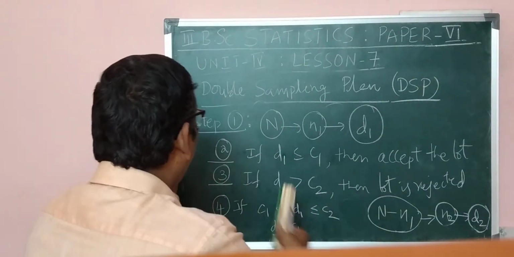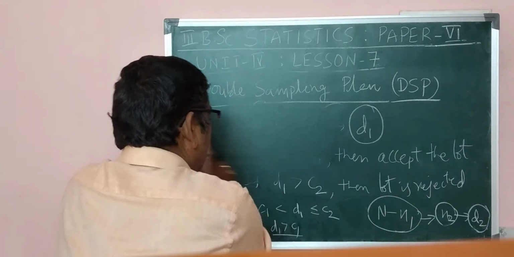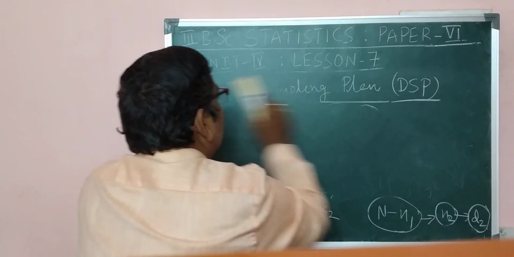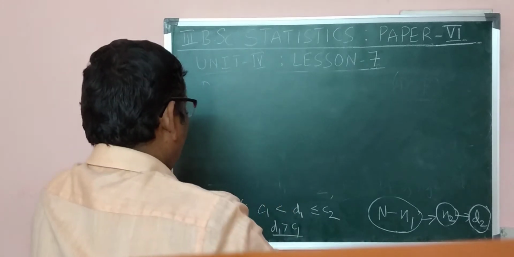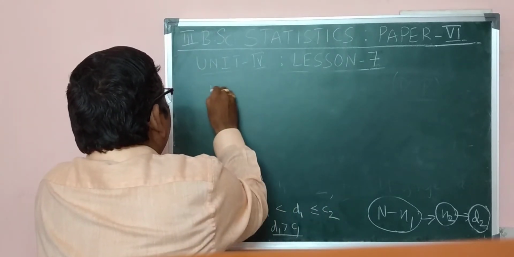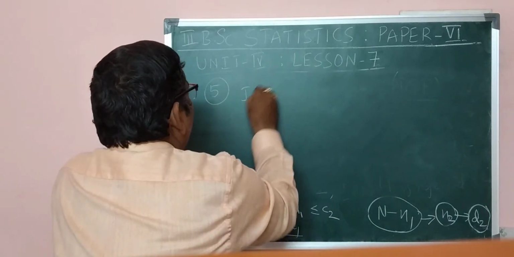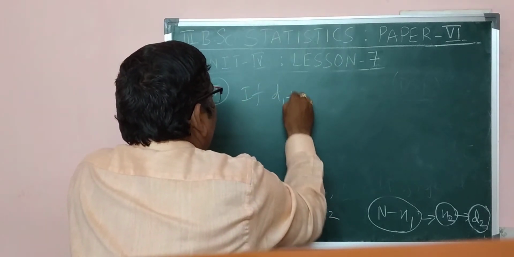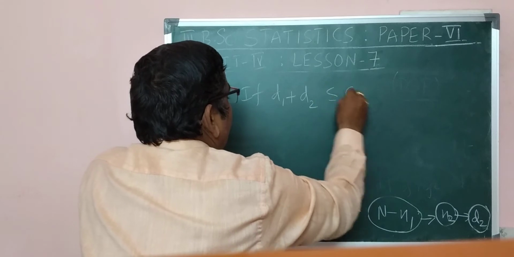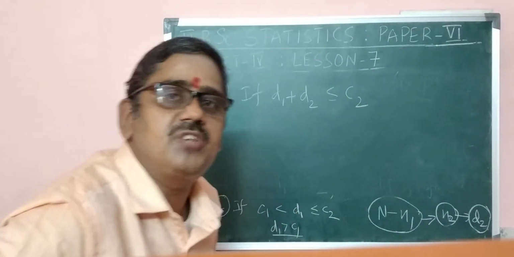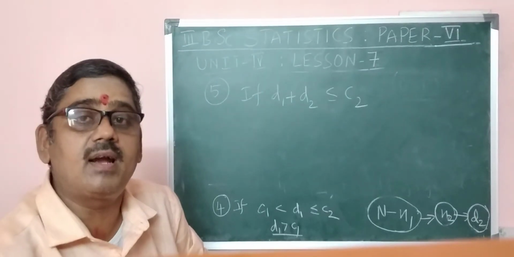Now come to the fifth and sixth points. What is the fifth point? If D1 plus D2 is less than or equal to C2, the remaining procedure is based on both combined samples.